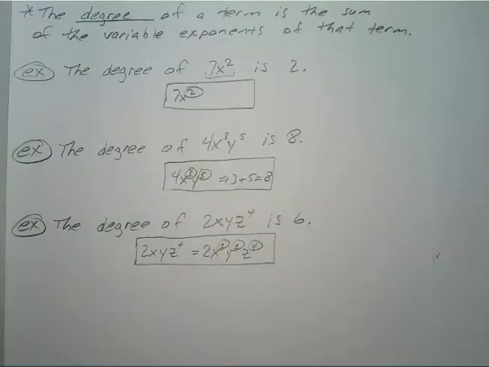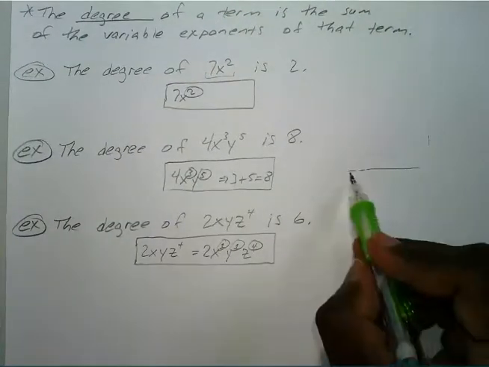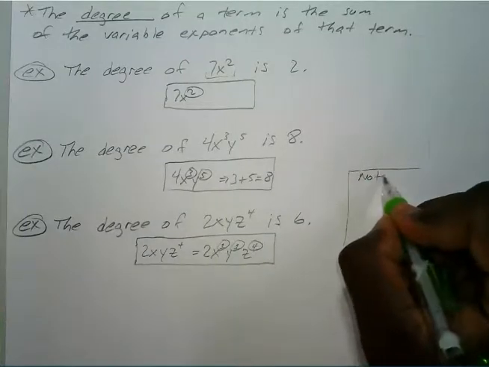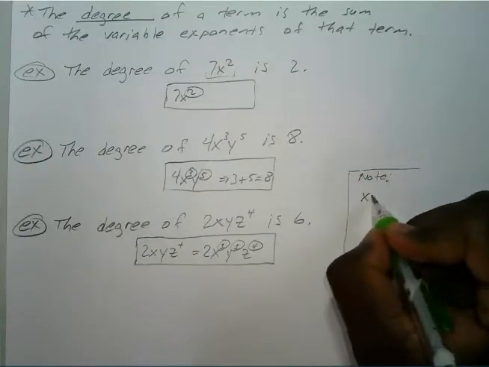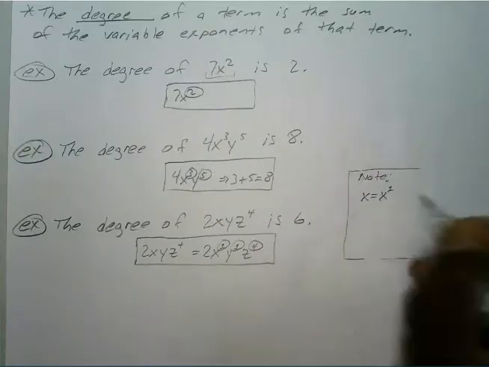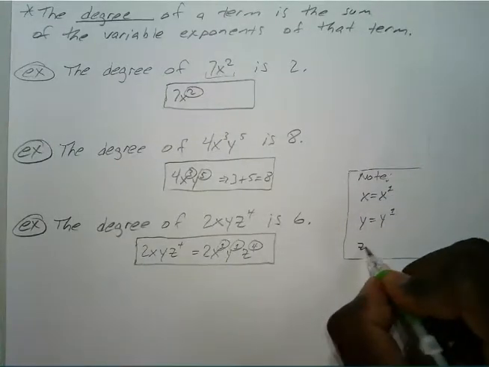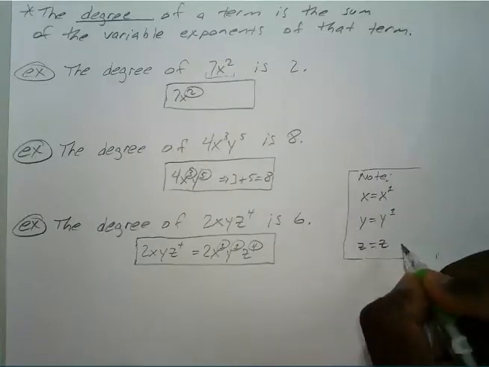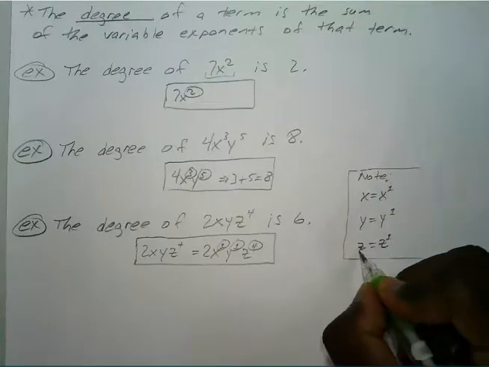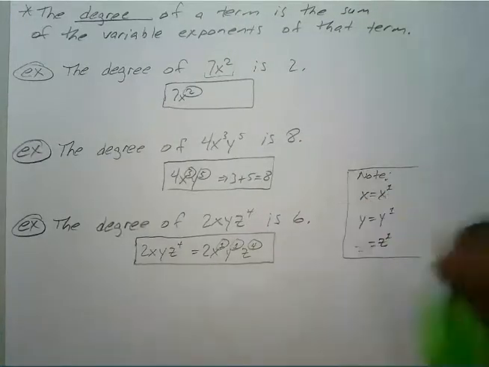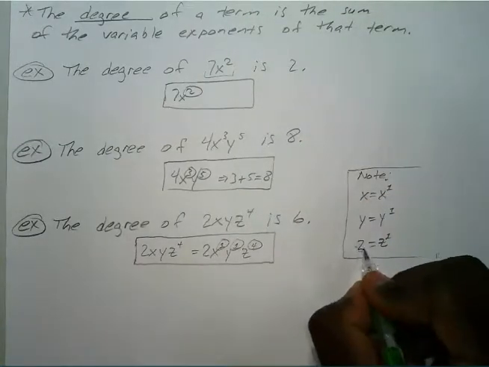For that one, it would help to remember that x is the same as x to the first power, y is the same as y to the first power, z is the same as z to the first power. Now let me clean up that z a little bit.